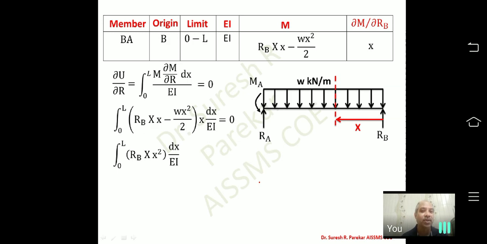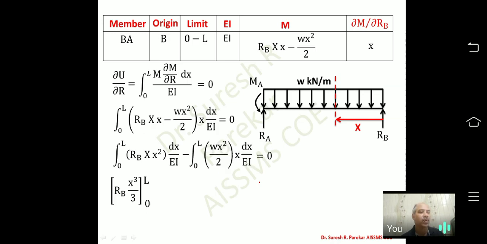Now you will be surprised. RB is constant, so we can take RB outside, and then we have integration of x square. When we have 0 to L, we have to go manually, but if you have values over here, then you can go directly from your calculators. This is minus, so I separate out the terms. First I have taken RB x into x, and then minus wx square by 2 into x.